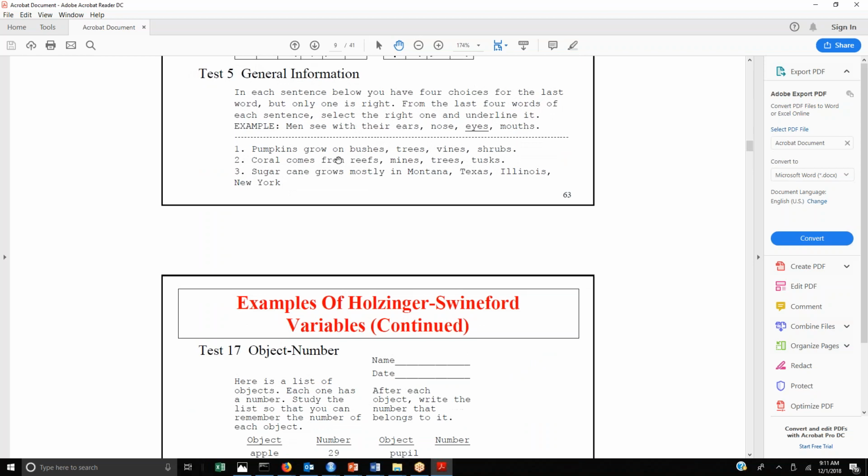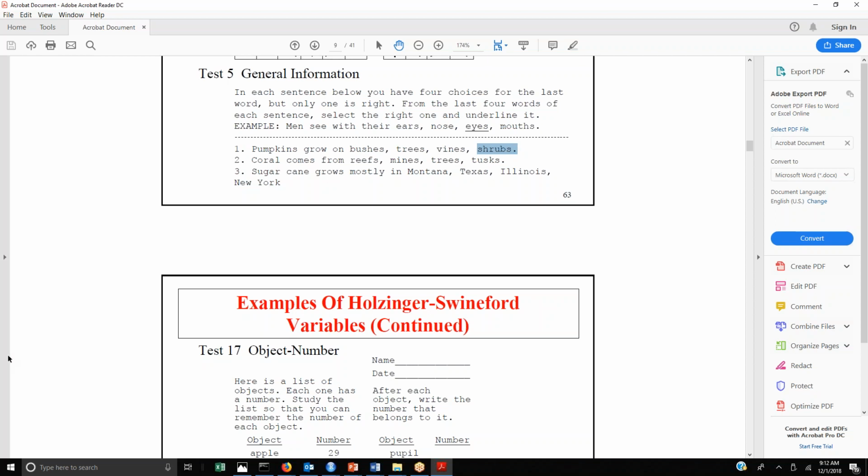General information is the following. In each sentence below you have 4 choices for the last word, but only one is correct. In each sentence below, that is 1, 2, 3, you have 4 choices for the last word.